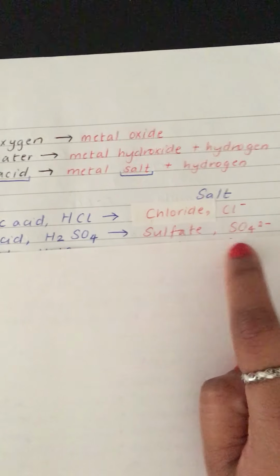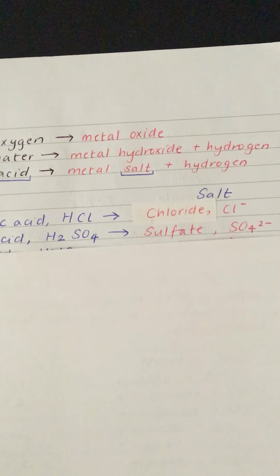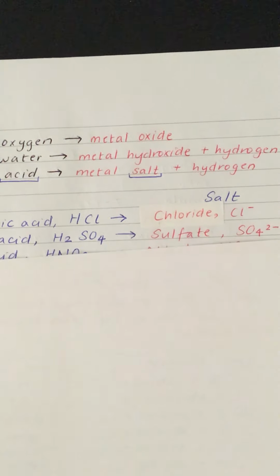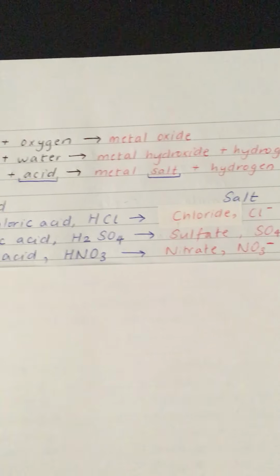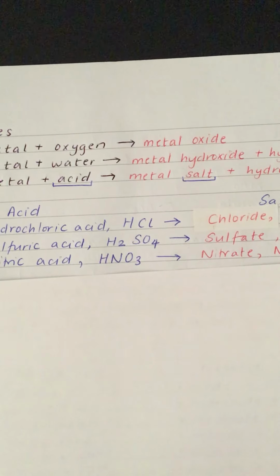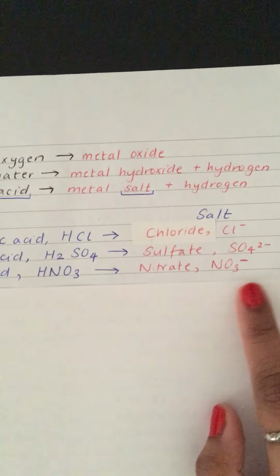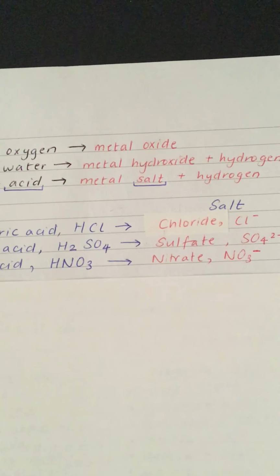So overall, this ion has a -2 charge. And we've lastly got nitric acid, HNO3. And the formula of the salt is NO3-. That has an overall charge of -1.